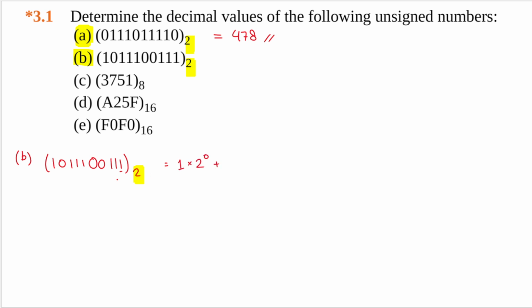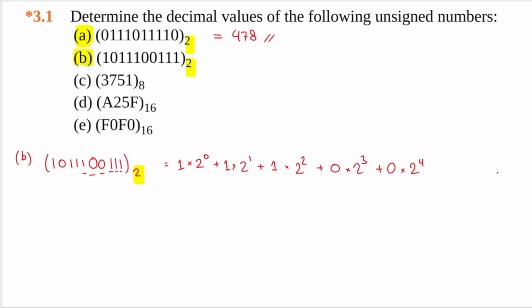Good. And then here we will have 1 multiplied by 2 to the 1. Okay, and then here we will have 1, but then multiplied by 2 to the 2. Good. And the next one will be 0 multiplied by 2 to the 3 here. And then here we will have 0 multiplied by 2 to the 4.